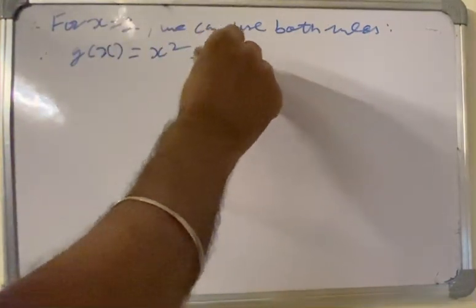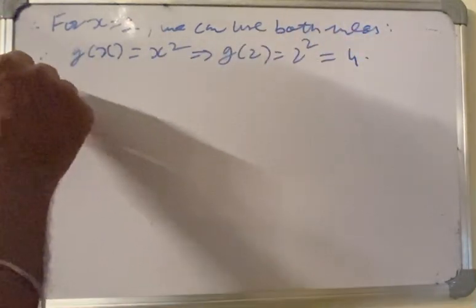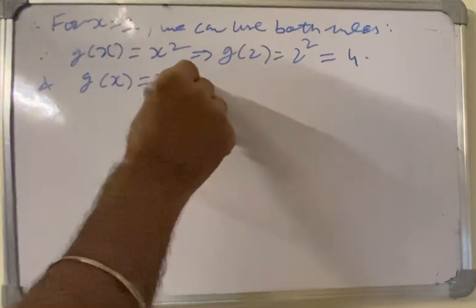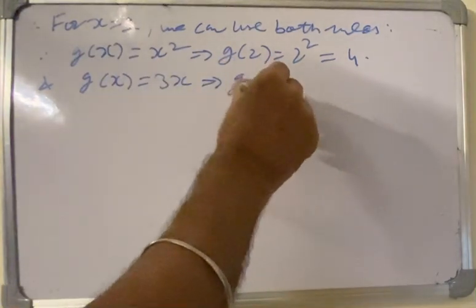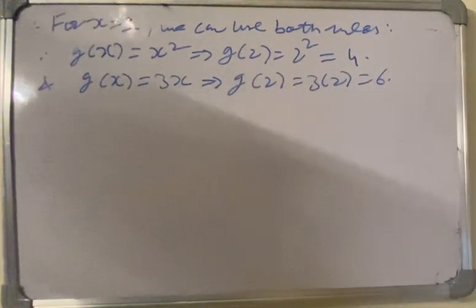That means g(2) is equal to 2 square is equal to 4. And g(x) is equal to 3x implies g(2) is equal to 3 into 2 is equal to 6.